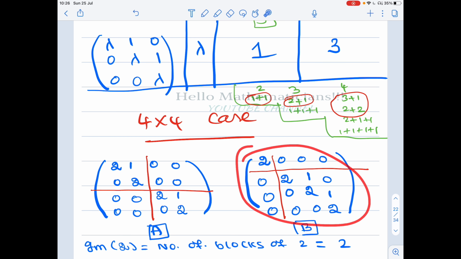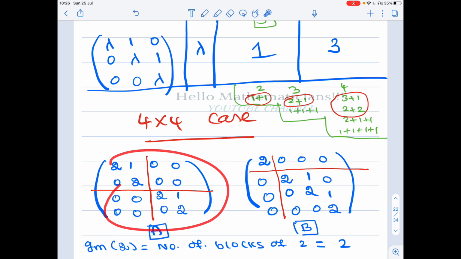The algebraic multiplicity is the same and the geometric multiplicity is equal, but we are getting two different blocks. These two matrices are not similar to each other; they are different Jordan matrices.